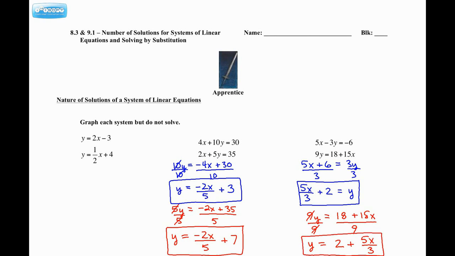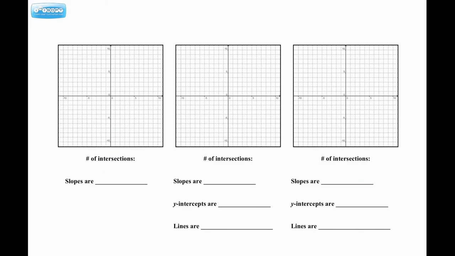All right. So now all of my systems are expressed in slope-intercept form. So let's quickly graph them. Should be a piece of cake. All right, let's quickly graph these. So in blue, the y-intercept was negative 3, and it had a slope of 2. So that goes up like so.